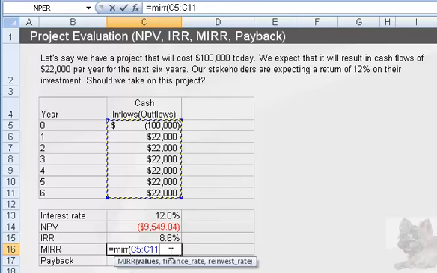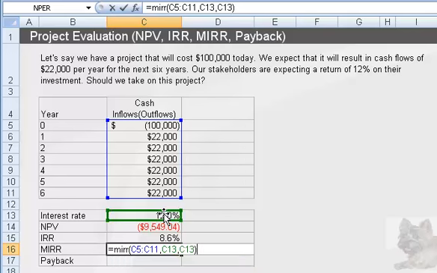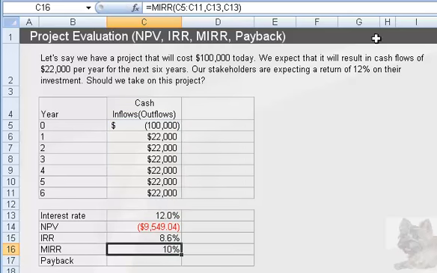Now here I'm not hitting the pop-up. I can just use the little pop-up screen down here to tell me where it goes. Okay, the finance rate is 12% and the reinvestment rate is 12%. And that way we've reflected the proper interest rate given in this problem. And when I close that, I see that MIRR is a little bit better, 10.1%, but it's still below the expected rate of return our shareholders expect, and that's why NPV is negative.